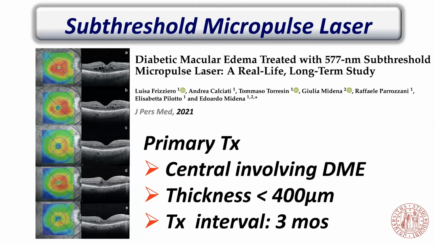So the primary treatment that we are using for DME eyes, currently, standard, daily, central involving, because out of central we can treat in any case, the treatment is safe, and therefore there is no problem. The thickness is lower than 400 microns, and the interval between treatments must be or should be at least 3 months, because this is not a fast, effective treatment.